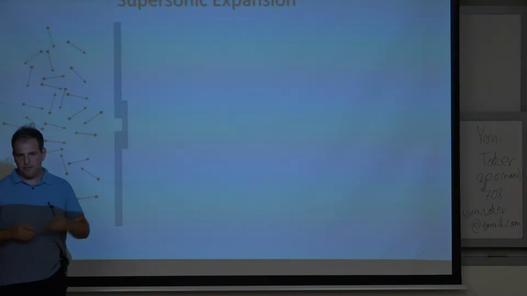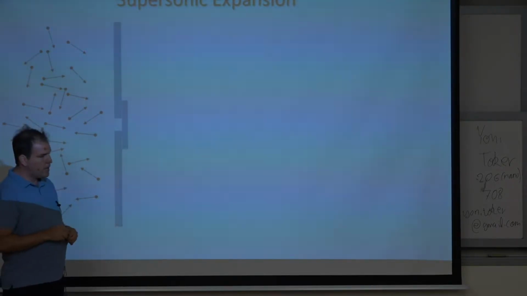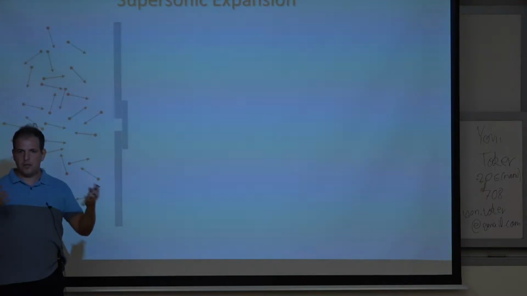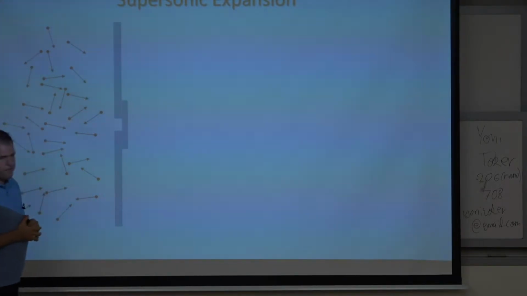The other way of making clusters is to take molecules and glue them together, or atoms and glue them together. And to do that, what you have to do is to take many molecules and cool them down. Because once you cool things down, they start sticking to each other. So a very convenient way of doing this is with something called the supersonic expansion.